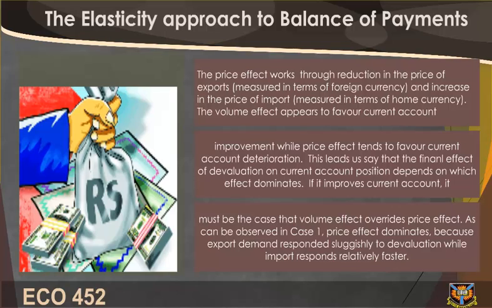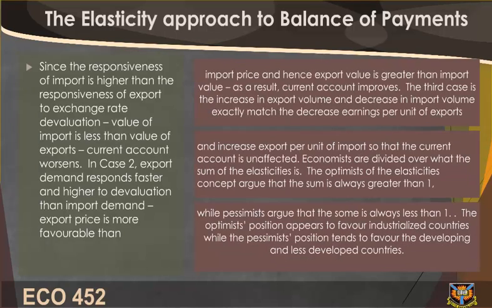As can be observed in case 1, price effects dominate because export demand responded sluggishly to devaluation while import responds relatively faster. Since the responsiveness of import is higher than the responsiveness of export to exchange rate devaluation, the value of import is less than the value of export. Current account worsens. In case 2, export demand responds faster and higher to devaluation than import demand.